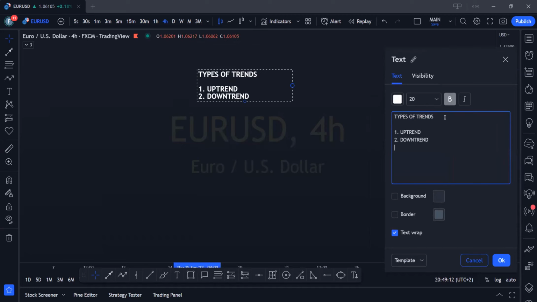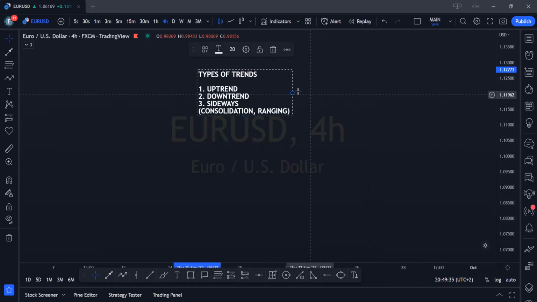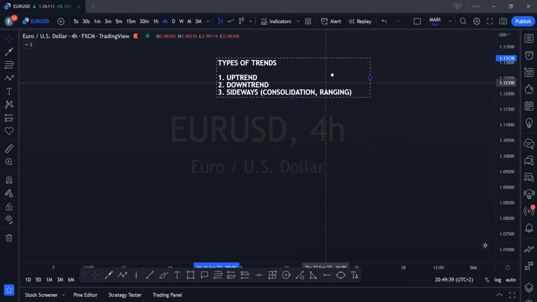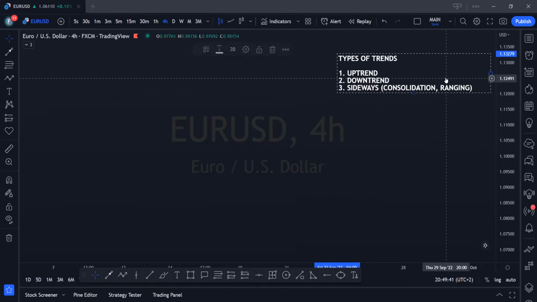And then there are times that the market moves sideways. For a sideways move, we call this price consolidating, we call it consolidation, or you can say that the market is ranging. Okay, so different people call it different things. All right, but majorly we have an uptrend and a downtrend. So let us talk about it real quick.